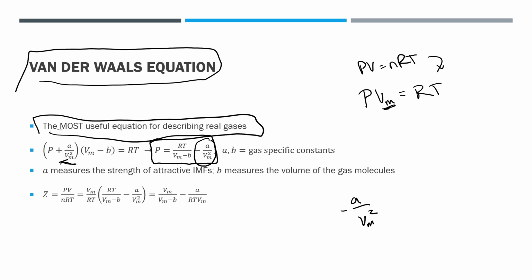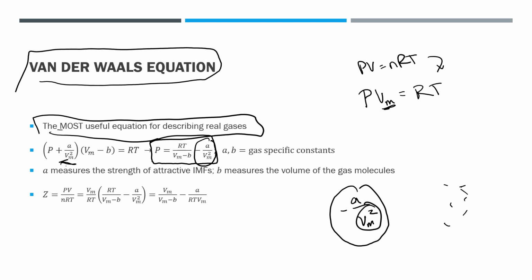We have attractive IMFs in a real gas, and this is going to reduce the force at which gas particles collide with the container, right? Because these gas particles are attracted to each other, they bounce off the container with less force because there's a force pulling them towards each other. So this term is saying we're reducing the pressure as a result of attractive intermolecular forces.